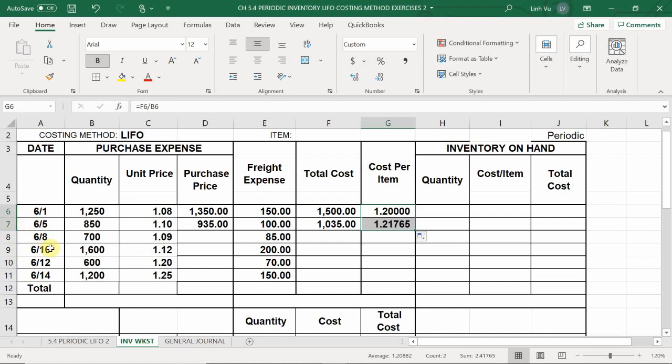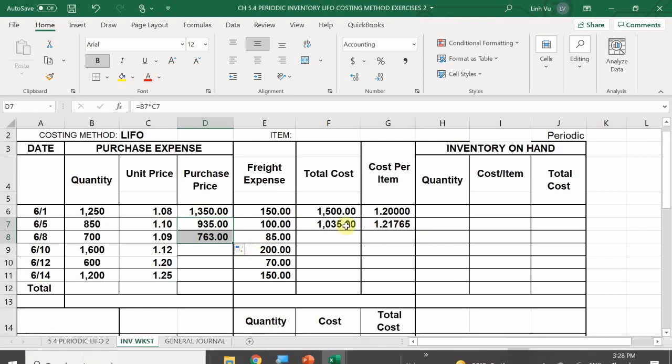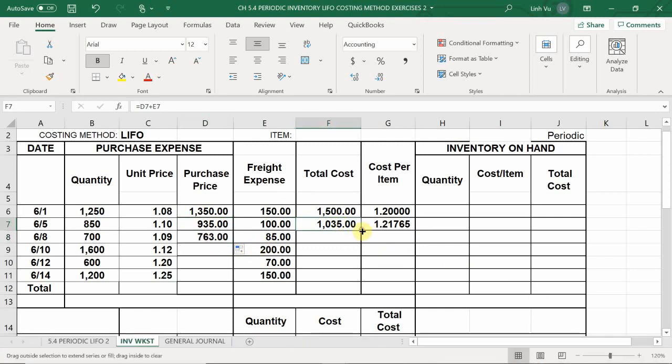So on June 8th, we purchased 700 units at $1.09. So therefore, what is my total purchase price? $763 plus $85 of freight. $848. Good.